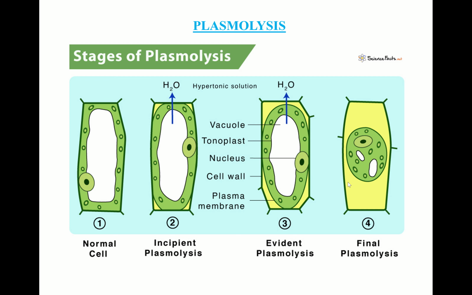From the normal cell to the final stage, you can clearly make out the shrinkage of the protoplasm. Protoplasm constitutes the cytoplasm and the nucleus.